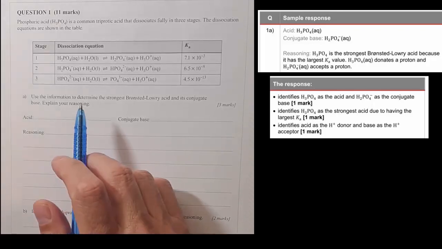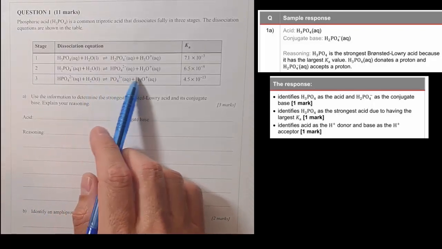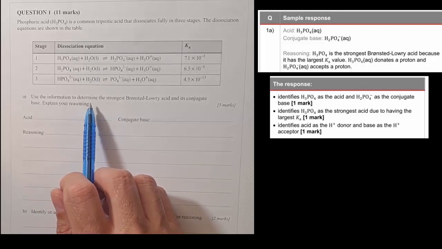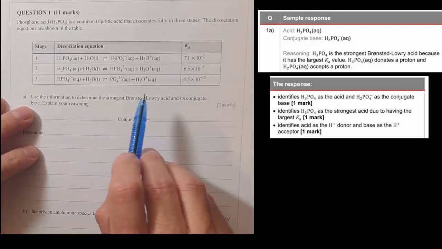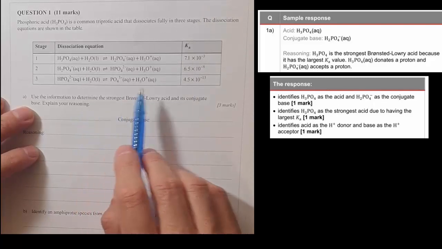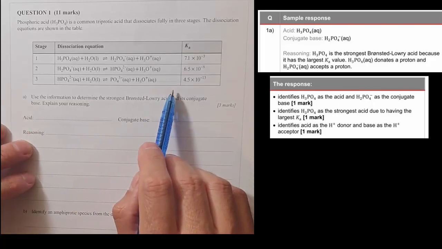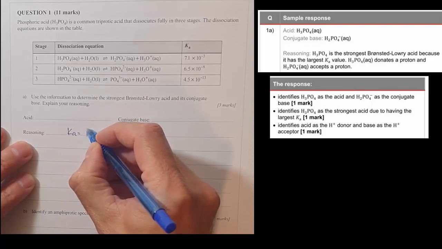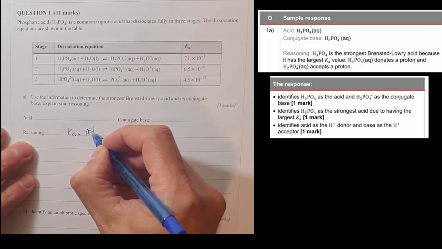Okay, question 1. There's 3 acids here. Use the information to determine the strongest one. So the strongest one is going to be the one that dissociates the best. And so Ka is products over reactants.